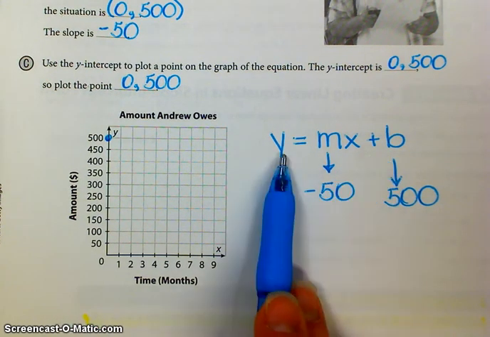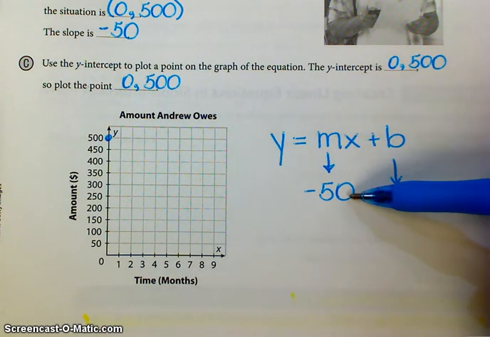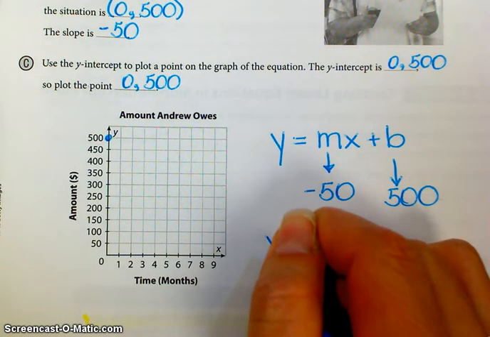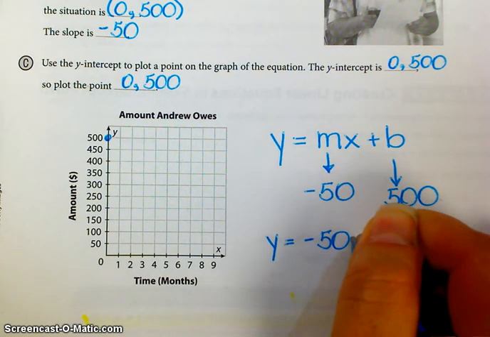Just a reminder, this equation fits y equals mx plus b. Because he's paying down the amount by $50 a month, his slope is going to be negative 50. And where the graph hits the y-axis is at (0, 500), so his y-intercept is 500. If you take those two things, you can write this equation in slope-intercept form.